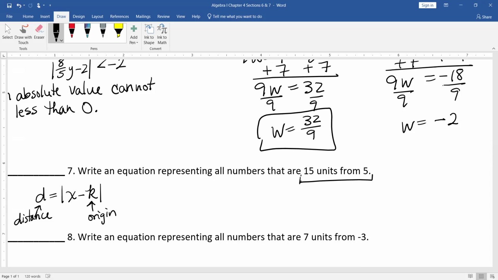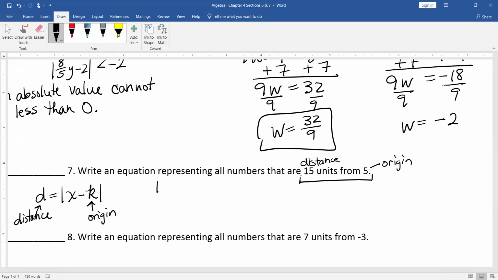So when we look at 15 units from 5, well, 5, this is my starting point. This is my origin. 15 units, this is my distance from that origin. Whenever you're breaking these down, it tells you which number goes where. So if distance is 15, then I'm going to flip this around, so absolute value is on one side.